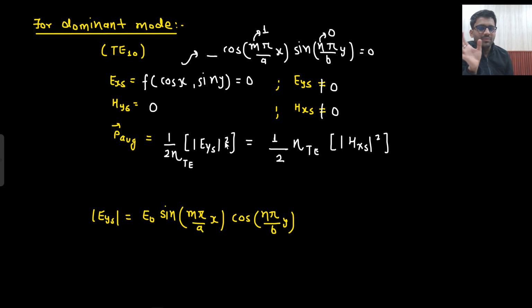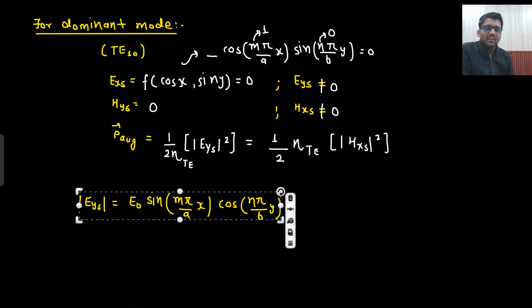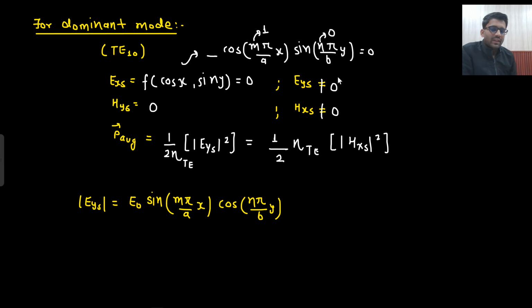So no need to mug up the expression. Just by looking at this cos x sin y, we can tell the answer that at TE10 mode, these will be 0 if this is a function of this thing. Now I need to calculate the power. When you calculate EYS, a complex expression would be coming on this side. What I know is that EYS will be a function of sin x cos y.